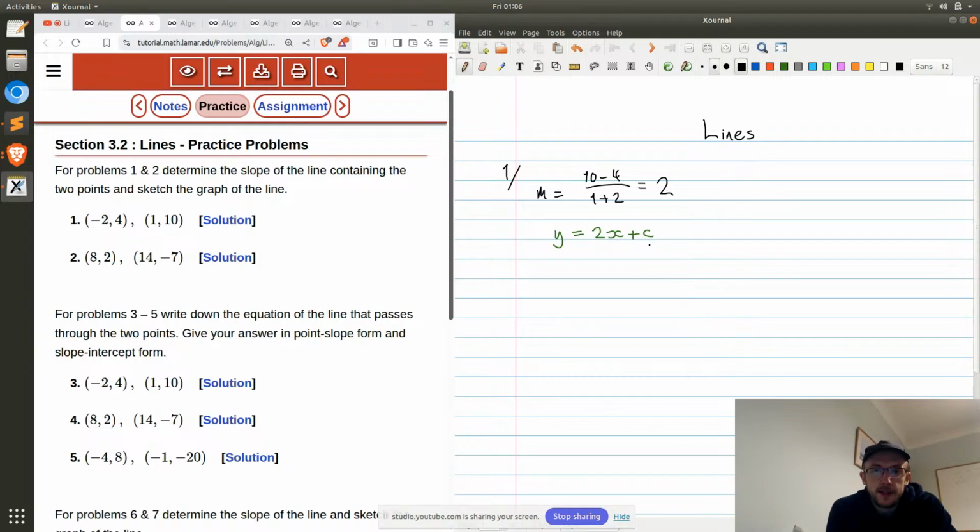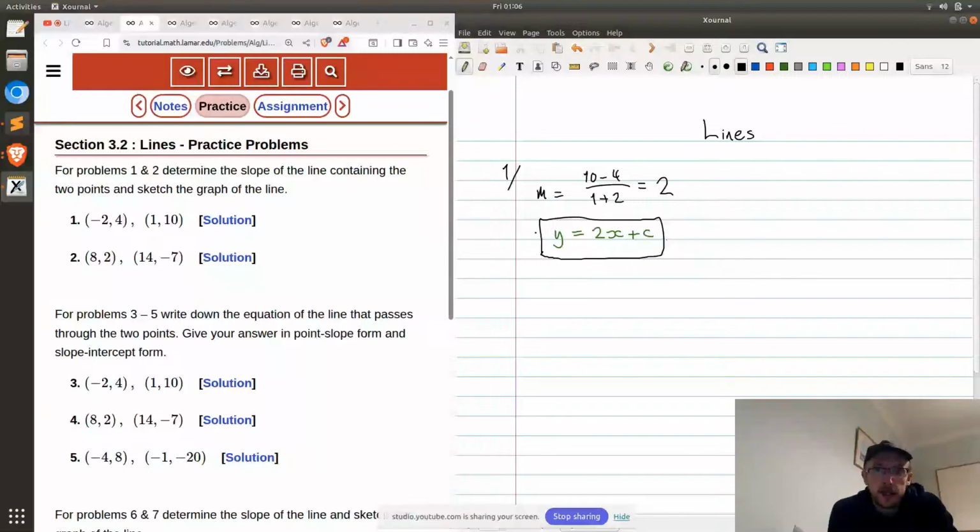And the way to find it is to just pick up the coordinates of one of these points that you know is on the line and put them in the appropriate places. Put 1 where x is and 10 where y is. Because the whole point of this equation is to tell you how the x and y coordinates relate to each other in the first place.